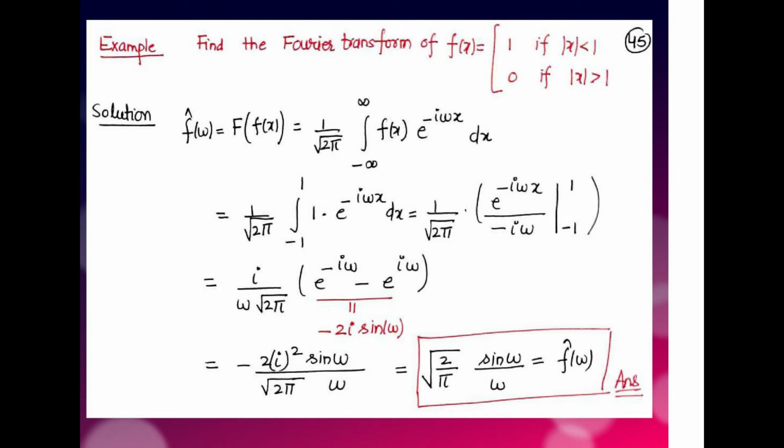So now integration will be from minus 1 to 1, as the function is 0 otherwise. Integrate this. Put the lower limit minus 1 and upper limit as 1. Simplify this function. We have the final answer as square root 2 upon pi times sin w divided by w.